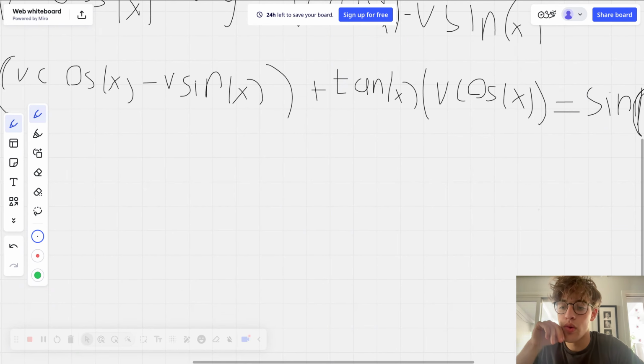So by doing algebra, we first get v prime cosine x, then we have minus v sine x, and we have to remember that tan is just sine over cosine, so the cosine cancels out, and this is just v sine x.